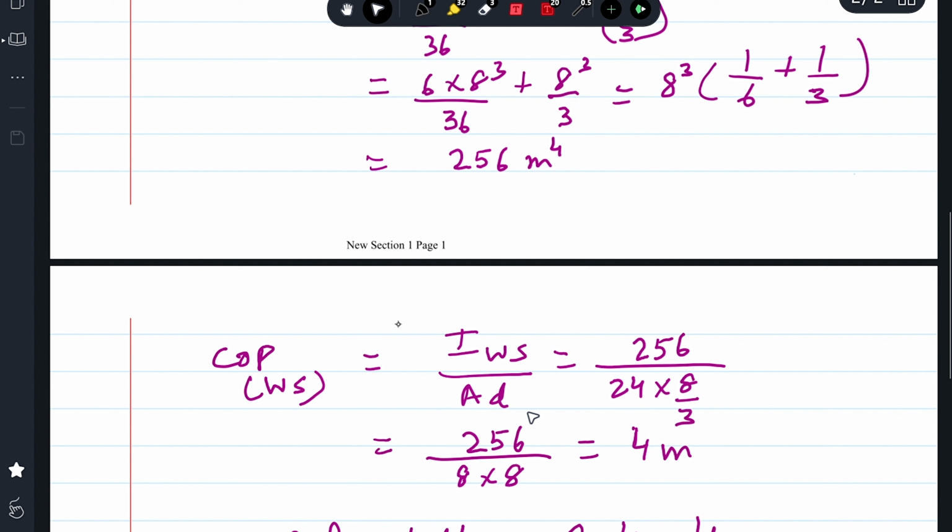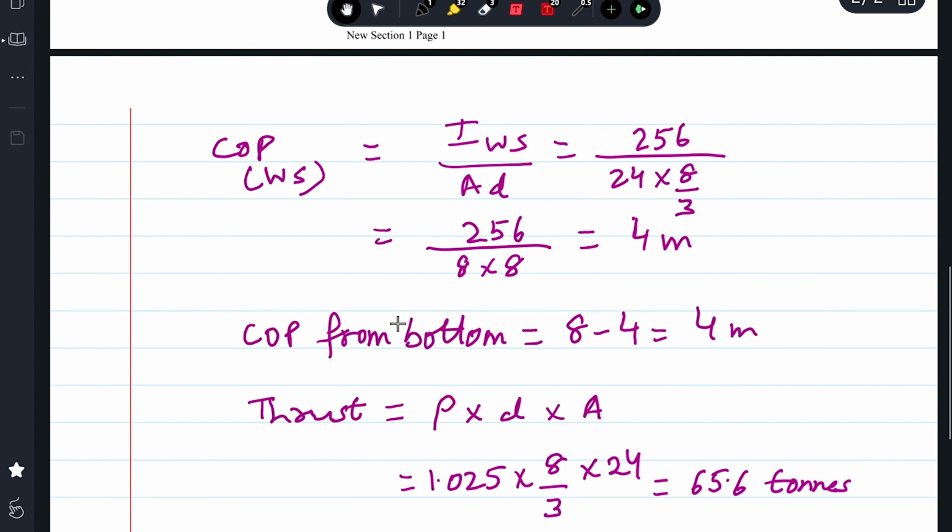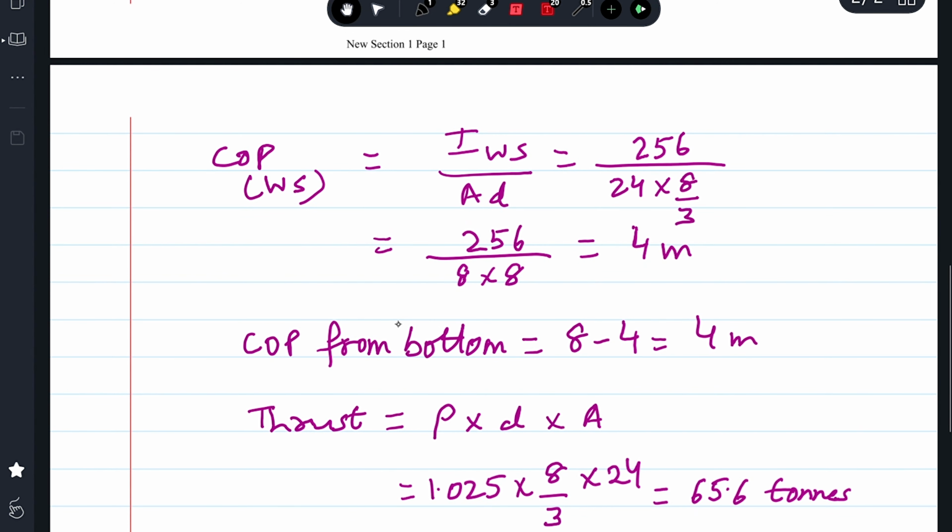The depth of the centroid below the water surface is 8 by 3. Just simplify this and we get 4 meters. The center of pressure from the water surface is 4 meters, and the sounding is 8 meters. So the center of pressure from the bottom of the bulkhead will be 8 minus 4, equal to 4 meters.